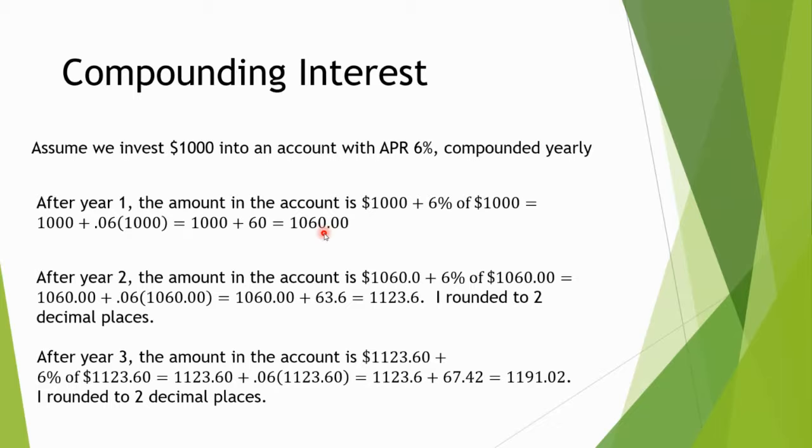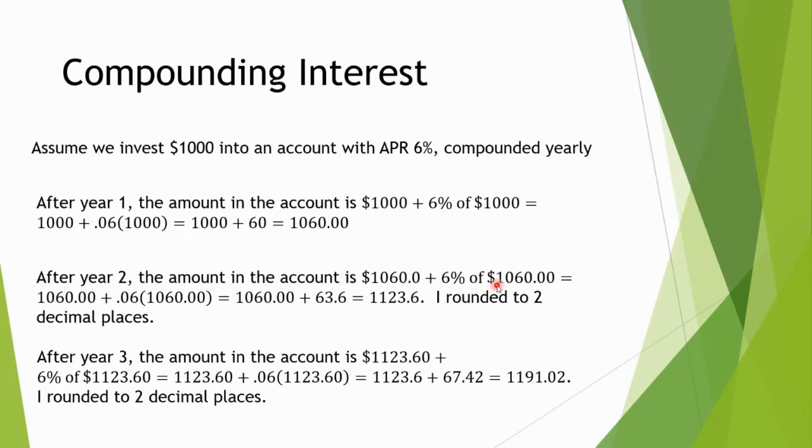Now, that's year one, though. For year two, we're going to recalculate the interest each year. That's what compounded yearly means. We calculate the interest each year. So this is the starting balance for year two, which was the ending balance for year one, plus 6% of this.